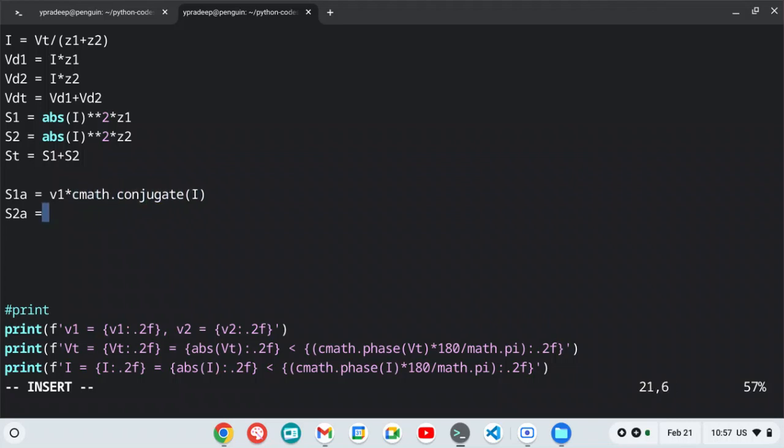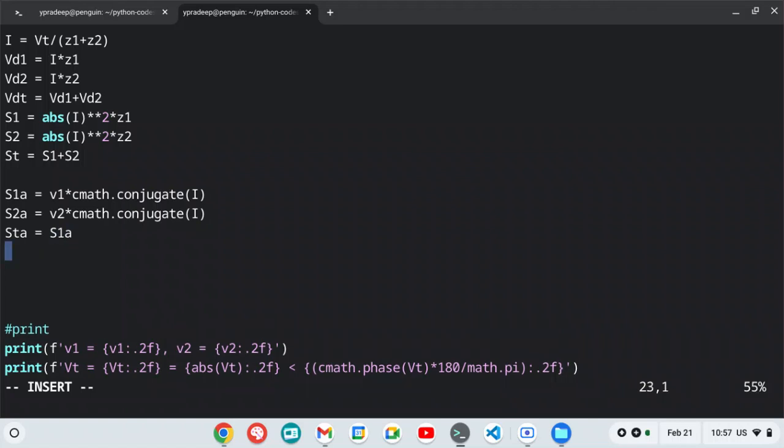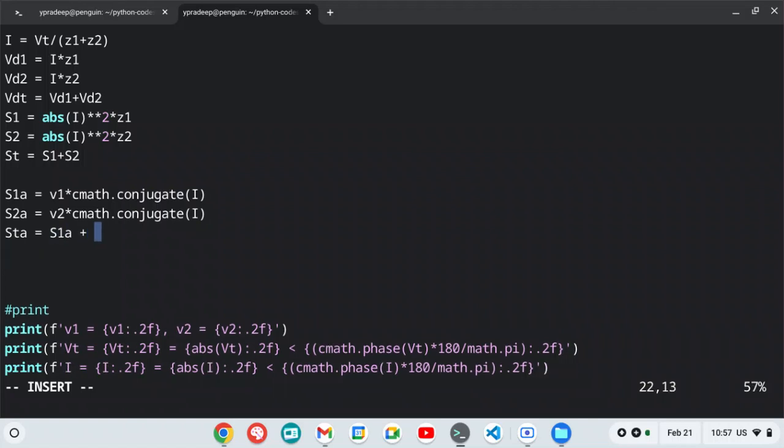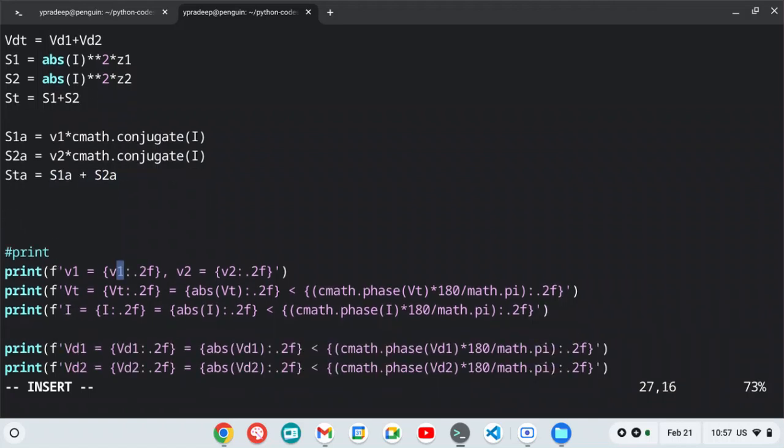Is it like this? Let's see. And ST alternate way is nothing but S1A plus S2A. So this is another way to calculate.